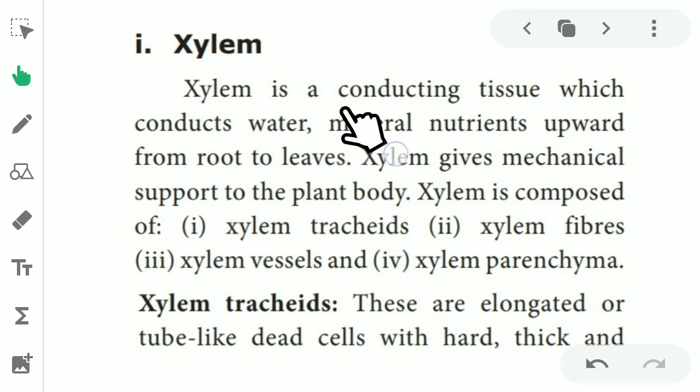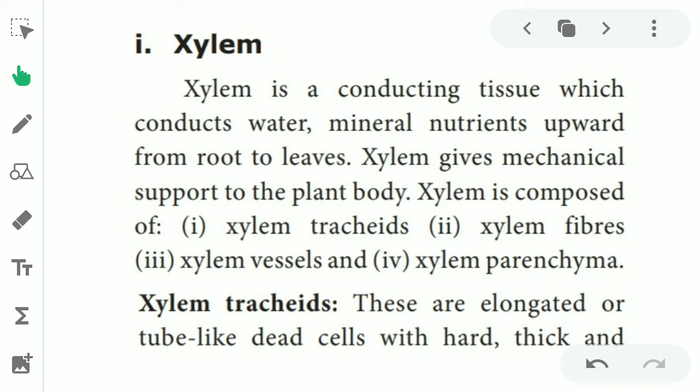Xylem is a conducting tissue. Conducting means transport. The things are transported from one place to another place. That is conduct. The xylem tissue conducts water, minerals, nutrients upward from the root to leaves. Roots absorb water and minerals.